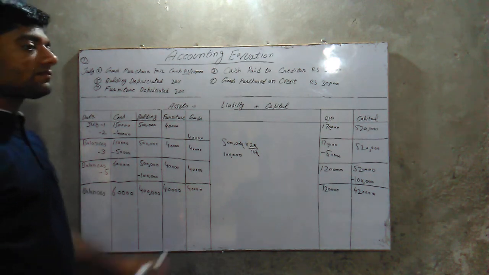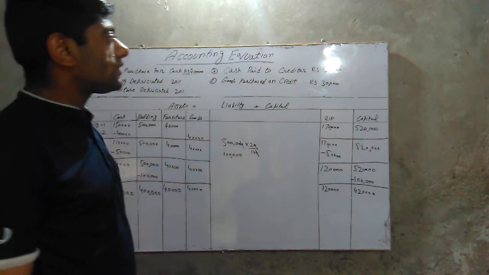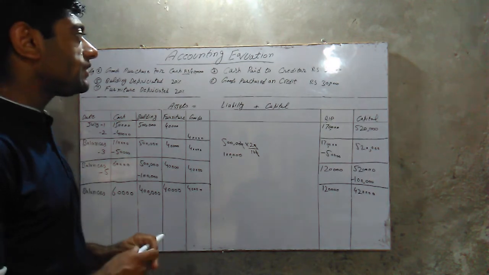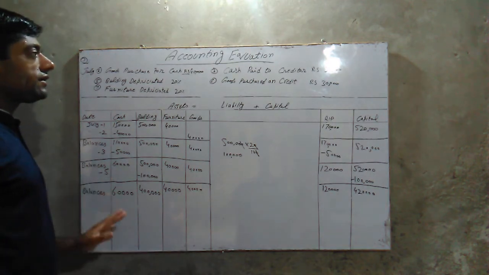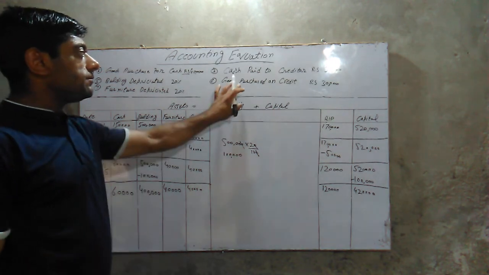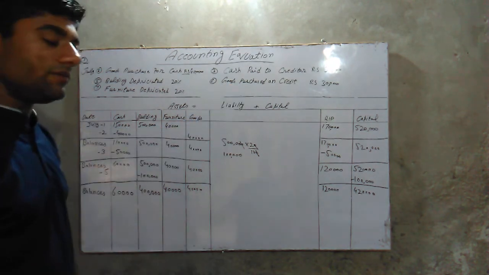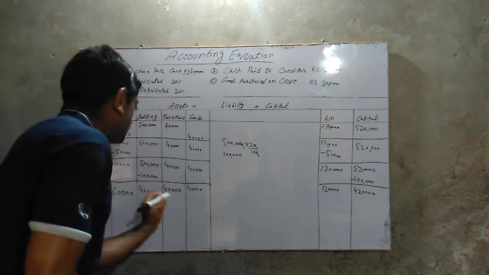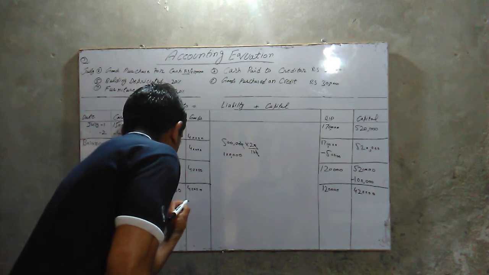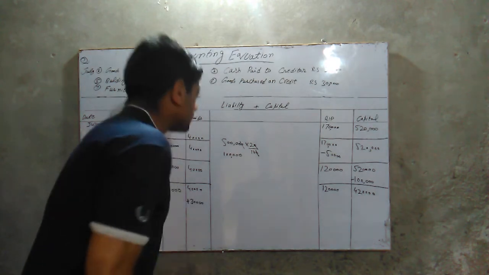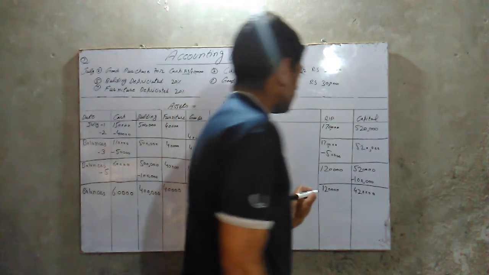So next, goods purchased on credit 30,000. When goods are purchased on credit, goods increase and liability also increases. So it's recorded in purchases and also in liability. So 30,000 purchases increase, also liability increases.